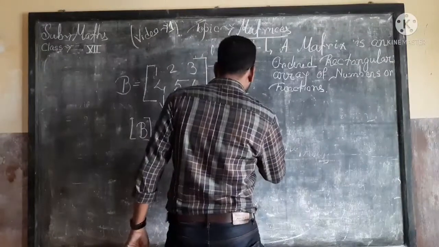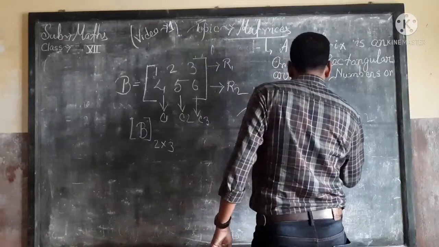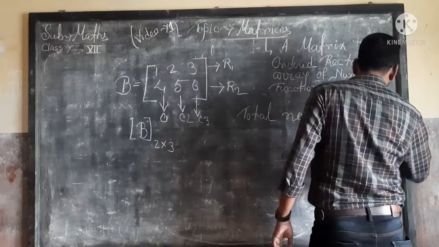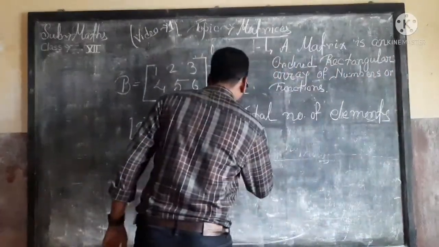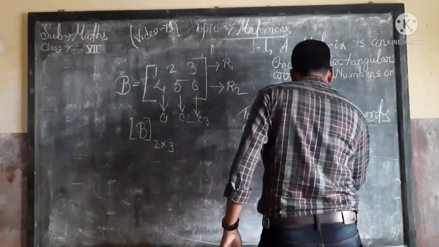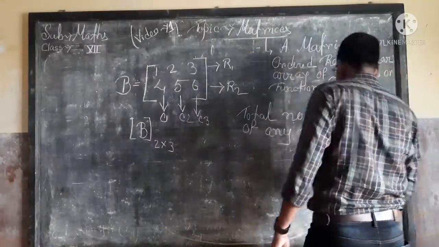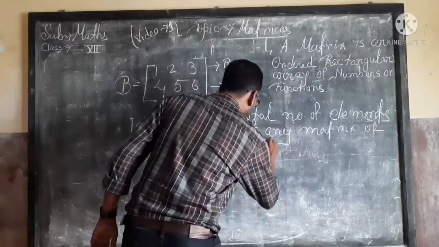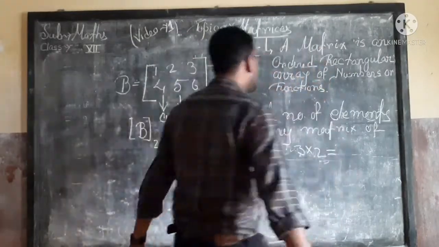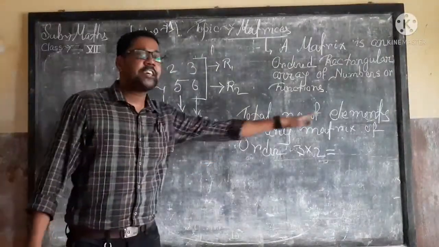So the total number of elements of any matrix of order 3 cross 2 is equal to what? How do we determine the total number of elements of any matrix when the order is given?